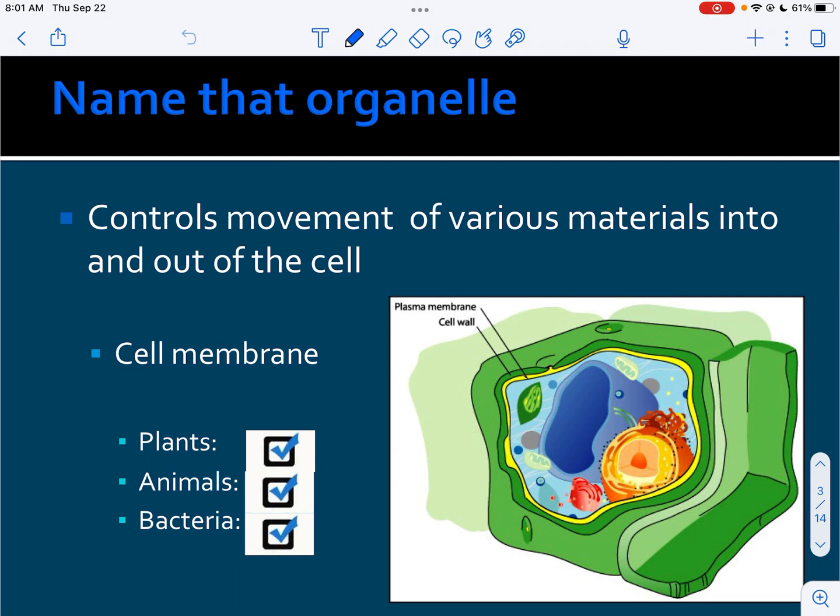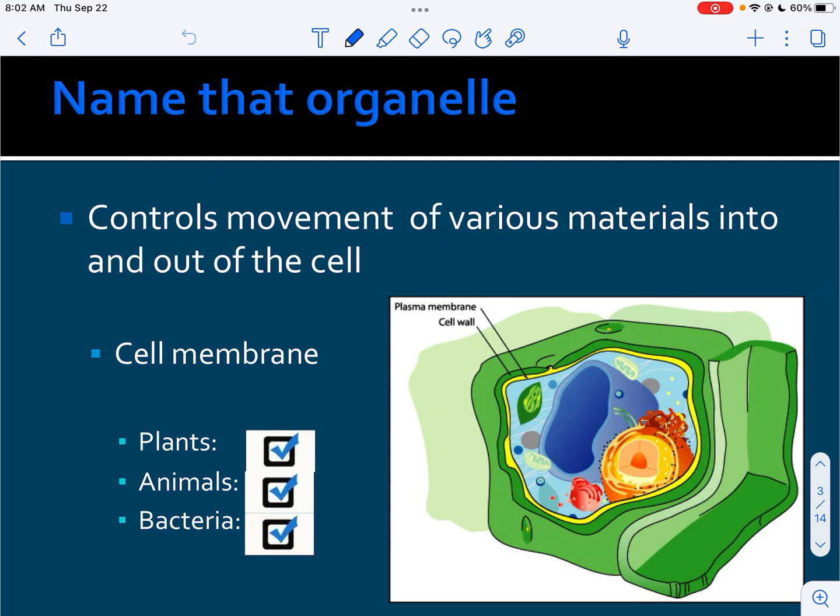All right, next one is our cell membrane, or you might hear it called the plasma membrane. The plasma membrane or cell membrane is kind of like our skin. Does our skin let everything in? Does it let everything out from inside of us? No. So our cell membrane is what we call selectively permeable.